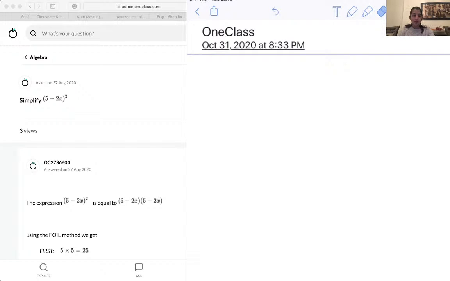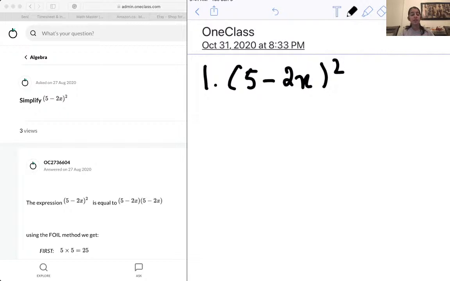So for our first question here, we are just asked to simplify (5 minus 2x) squared.